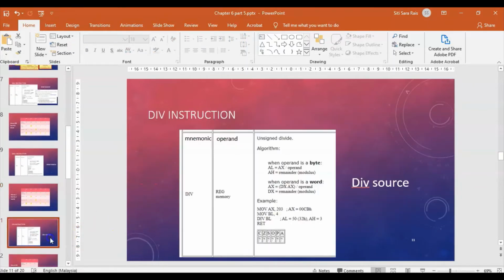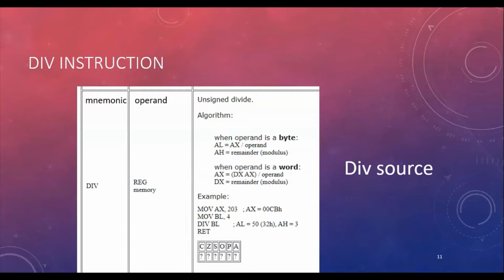Next we go to the division. The format is DIV and source. Our operand can be a register or memory. The DIV instruction just involves unsigned values. If the operand is byte, we divide the 16-bit AX by the 8-bit operand.